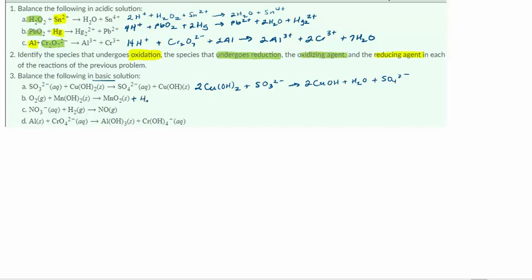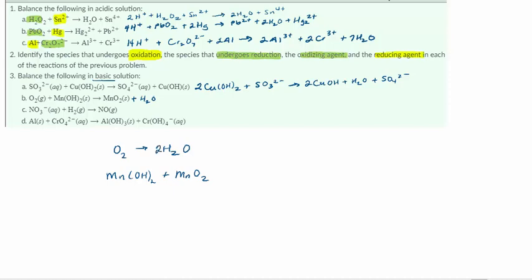So now we can balance. We're going to pull off our half reactions. Balance everything other than oxygen and hydrogen, and it is balanced. Now we're going to balance our oxygen. We have 2 oxygens here, now we have 2 oxygens here.